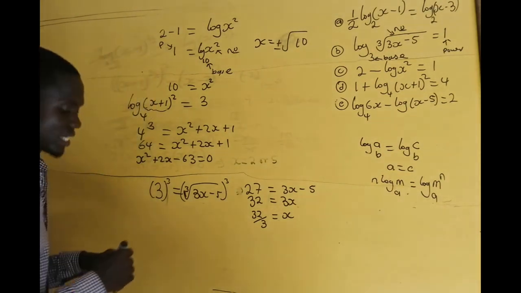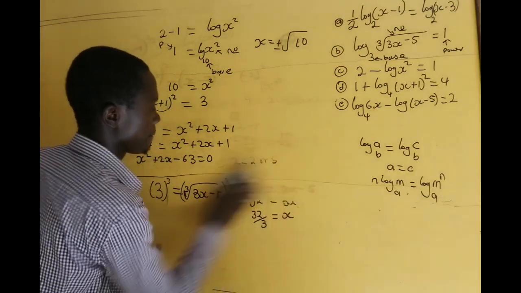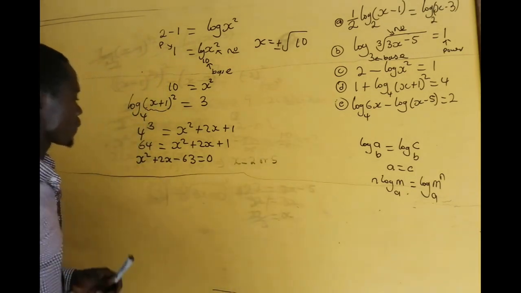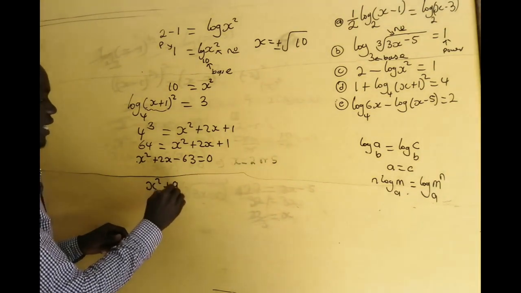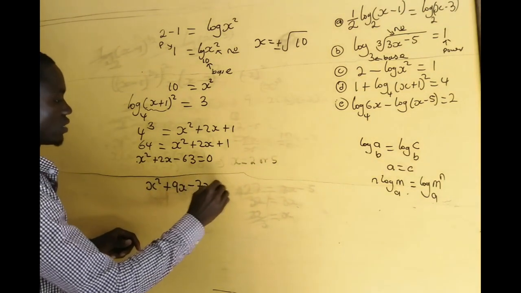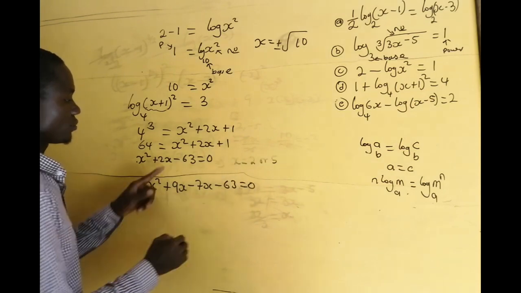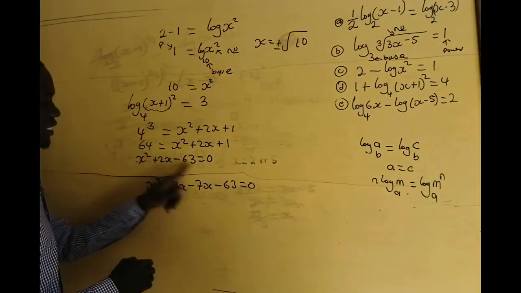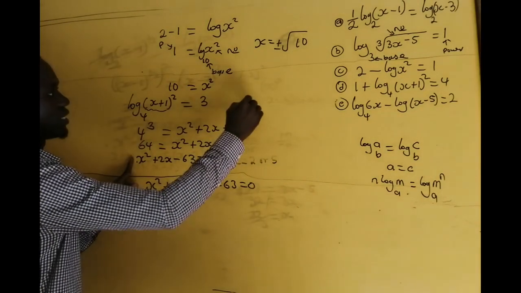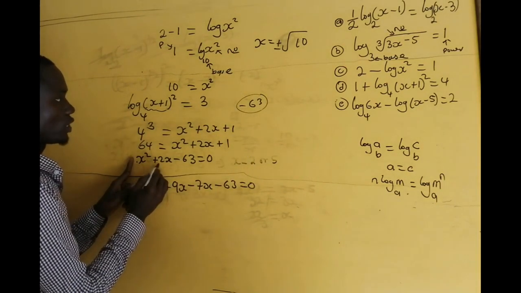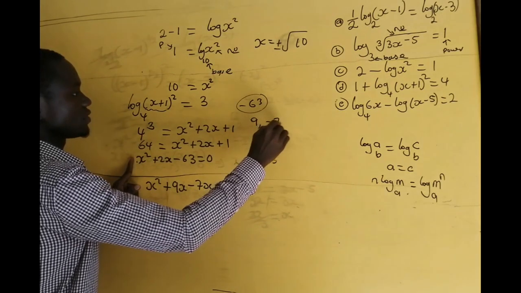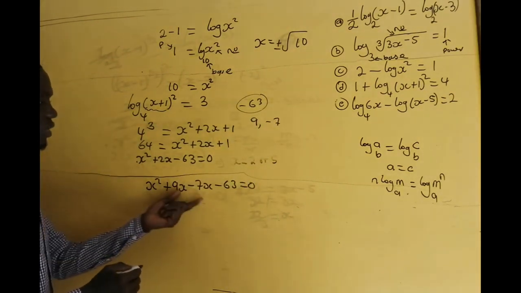So we are going to get x squared plus 9x minus 7x minus 63 equal to 0. We know that if you multiply the coefficients, you get negative 63. And the factors of this, which will be added to give us positive 2, are positive 9 and negative 7. Wow, that's why we have them here.